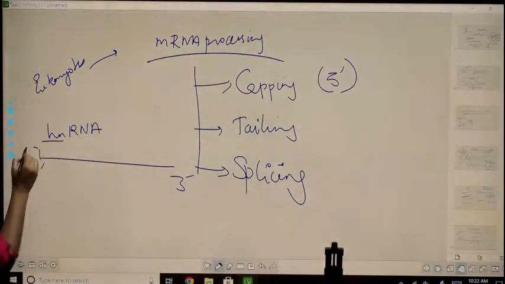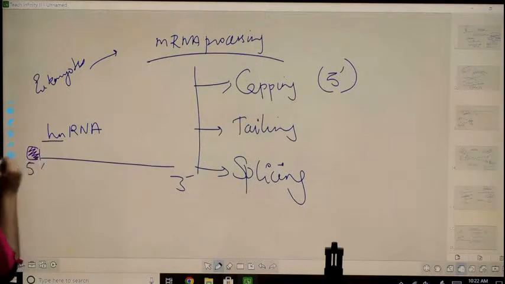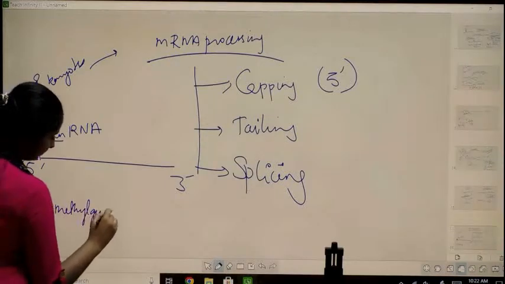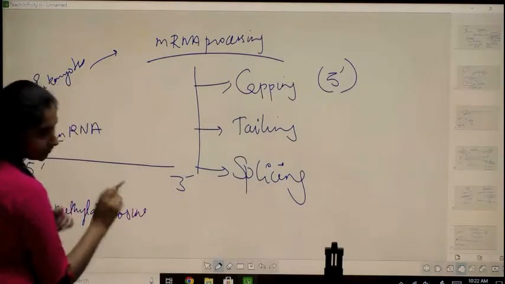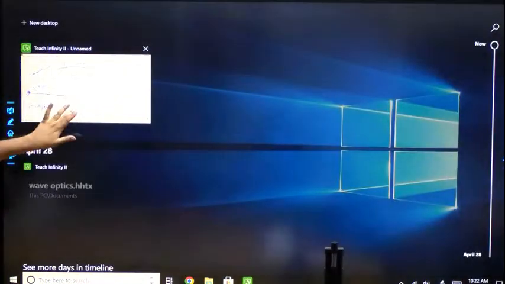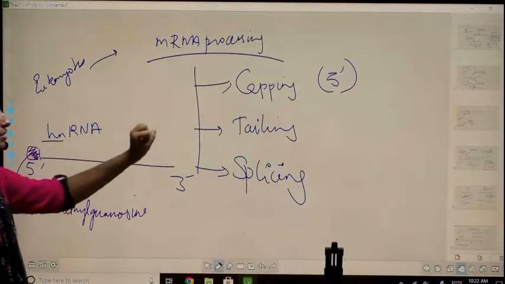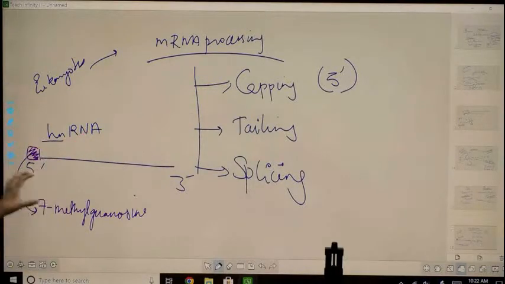Okay. And what is this cap? This cap is 7-methyl guanosine. Okay. This cap is 7-methyl guanosine, right? So for mRNA processing, a cap will be added at the 5' end, that is the 7-methyl guanosine, right?